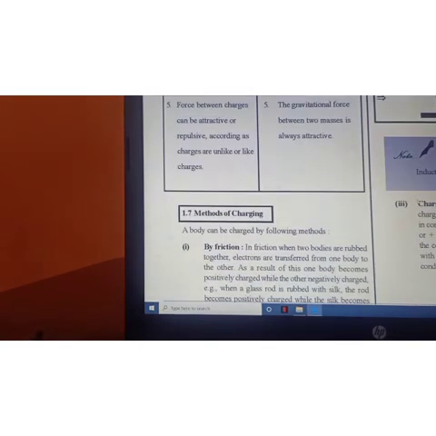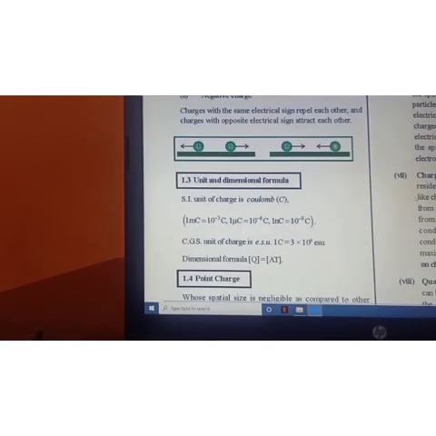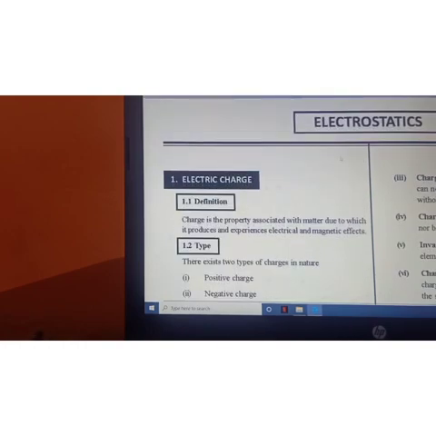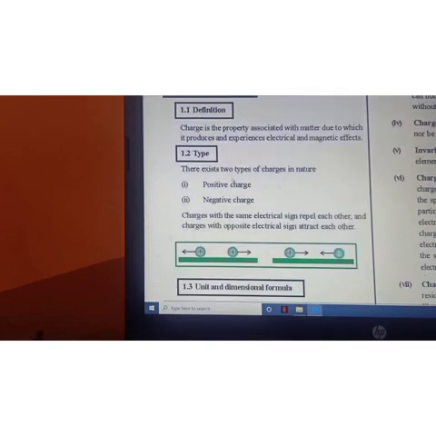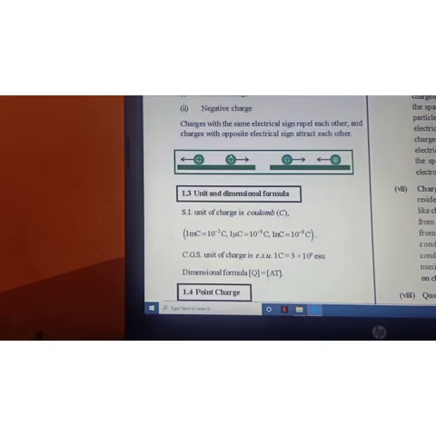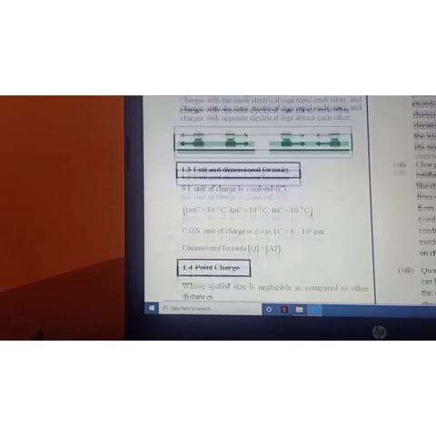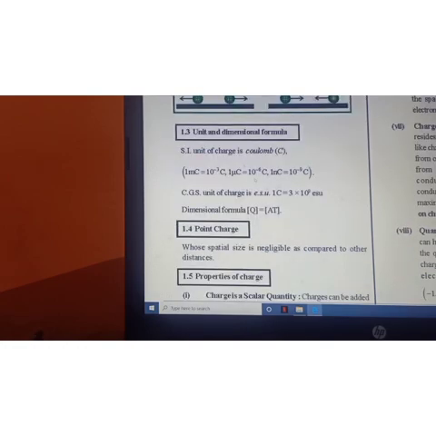So if we revise all the topics in electrostatics, you have to be familiar with electric charges, and there are two types of electric charges, positive and negative. What is the fundamental law of electrostatics? Like charges repel each other, unlike charges attract each other. What is the unit of charge?